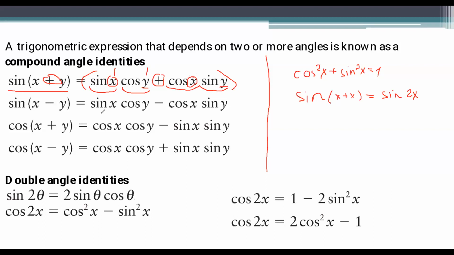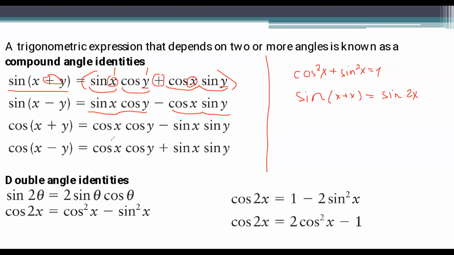Same for minus: sine x cosine y minus cosine x sine y. Because we have minus in the brackets, we also have minus in between. Please copy this down while I'm explaining, because you should know this by heart. You just need to learn this.